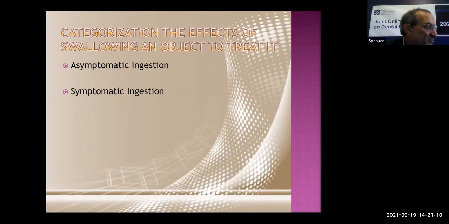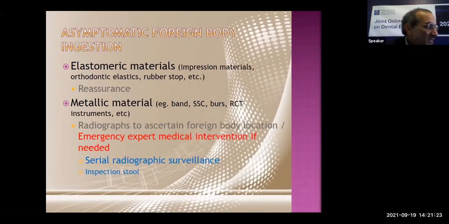To treat a solid object during the dental procedure, it must be categorized according to the symptoms: asymptomatic ingestion and symptomatic ingestion. If there is no symptom, it is asymptomatic foreign body ingestion, and we categorize it by the object type. If it is radiolucent and elastomeric material, only reassure the patient that there is no problem.